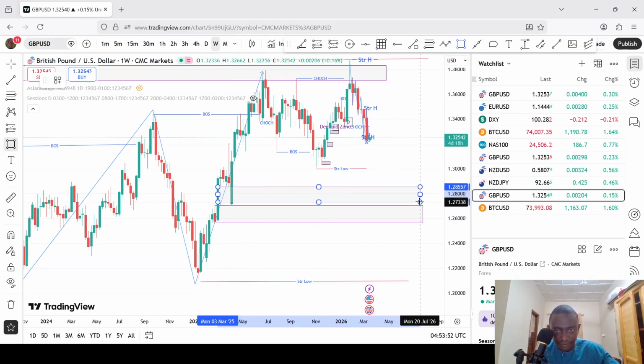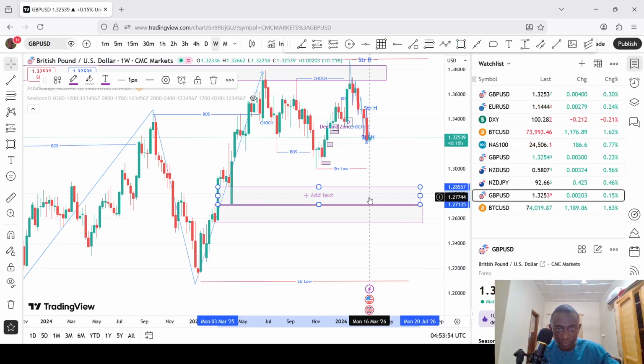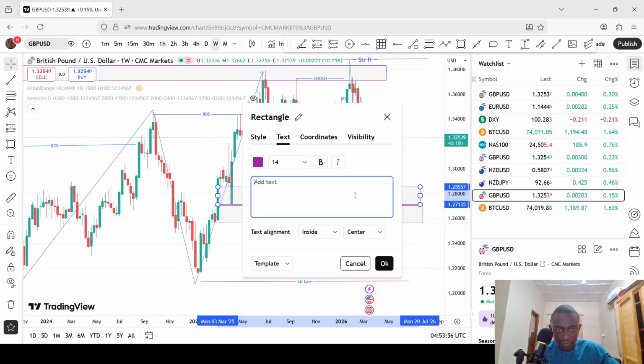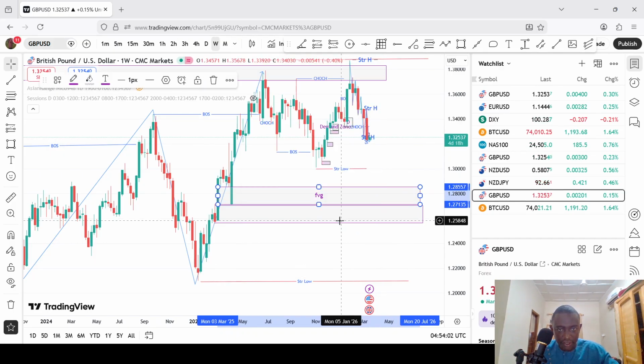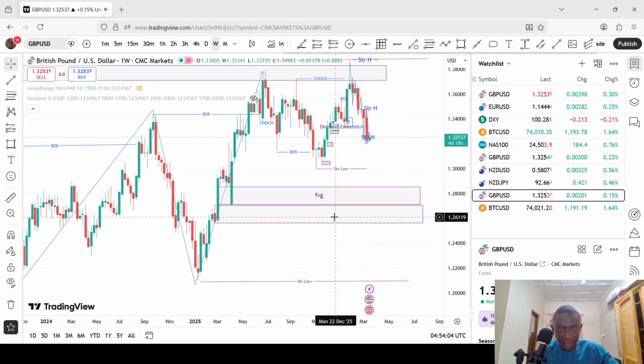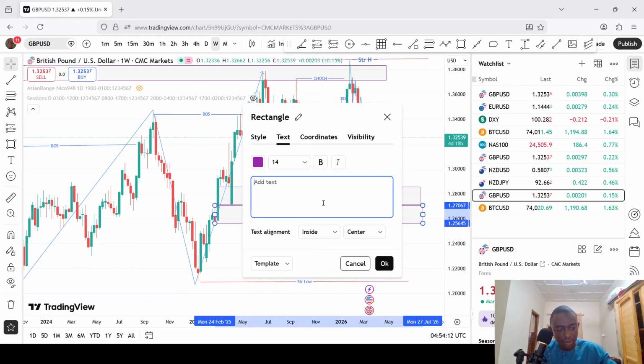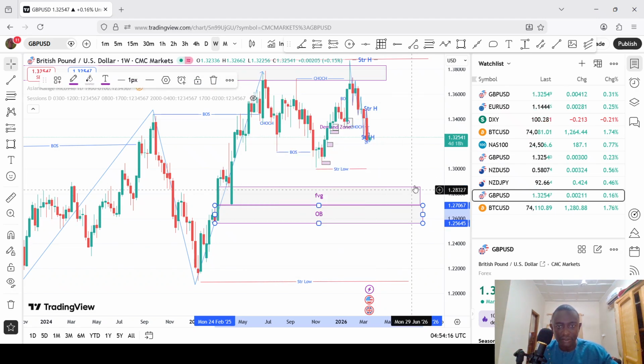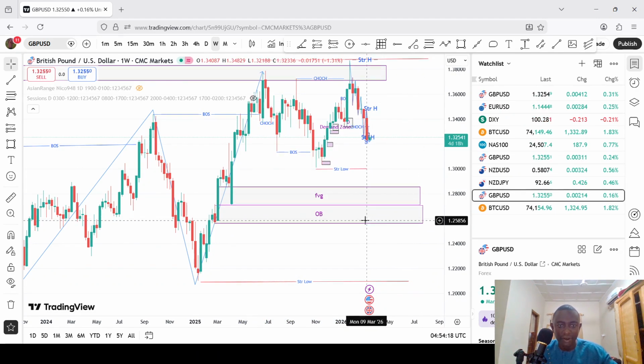FVG. And this one is the order block, which is OB. So here is a fair value gap and an OB.